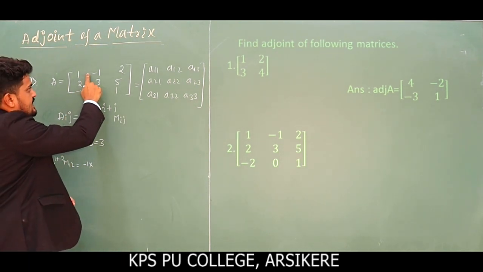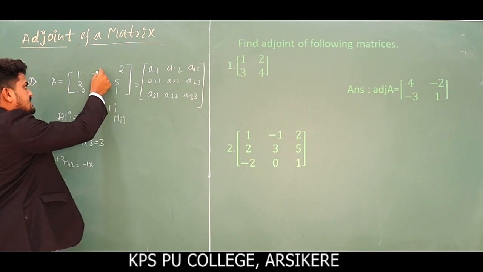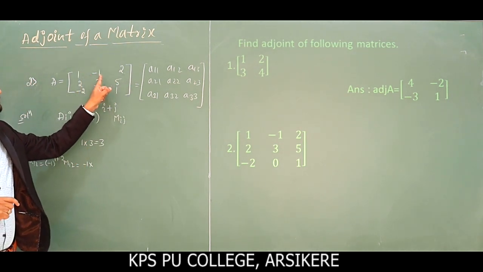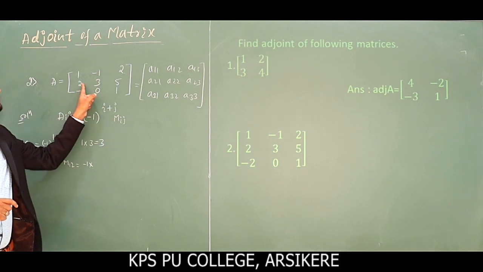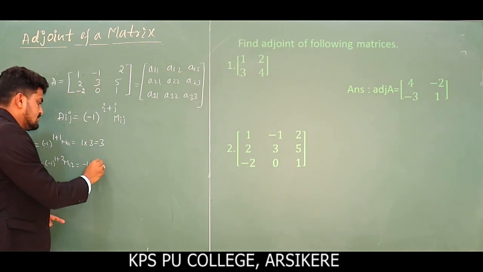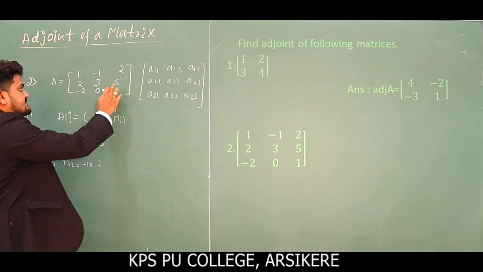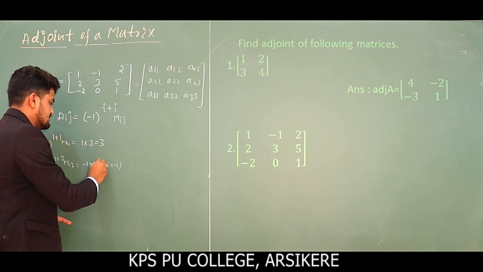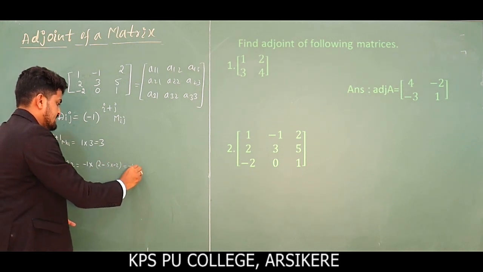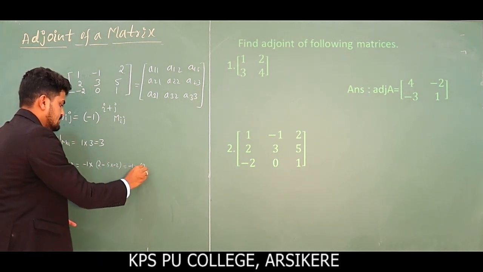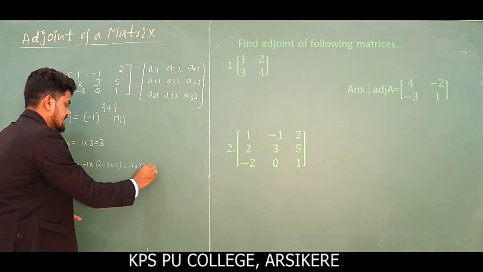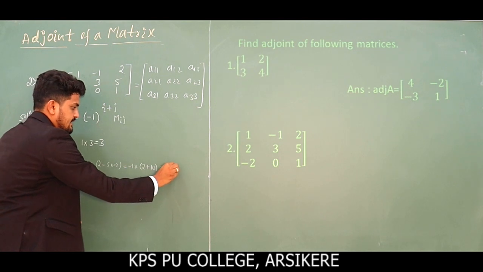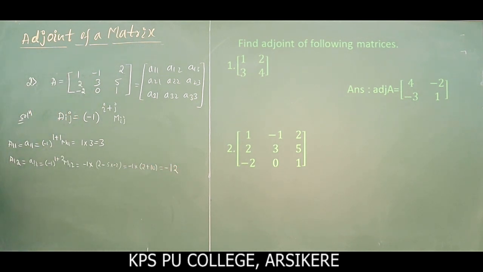Again eliminating the ith row and jth column, the remaining is 2 into 1 minus 5 into minus 2. So 5 into minus 2, which is equal to minus 1 into, minus into minus plus 10, 2 plus 10, which is equal to minus 12.